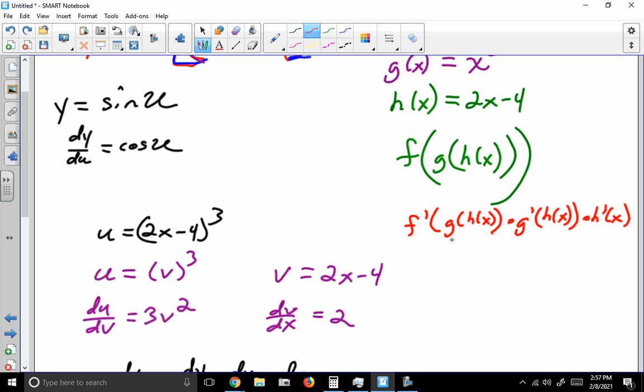So each time we take the derivative, we leave the input inside there, and then we multiply times the derivative of that. So the derivative of this is all of that. So that g prime, when we take the derivative of g, we leave its input in there times the derivative of the inside. So outside, inside, outside, inside.